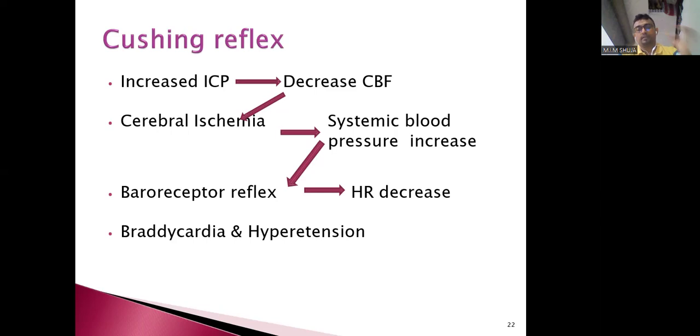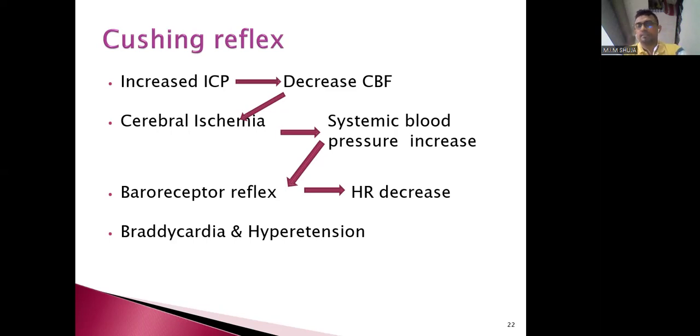So bradycardia and hypertension. Just check it out. There is only one D in bradycardia, typing mistake. So bradycardia and hypertension simultaneously occur. That we call the Cushing reflex.